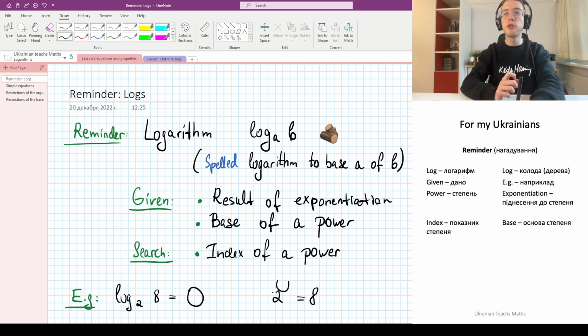So what I'm now looking for is this exponent on the top. What index of a power should I take to get an 8? Well, this should be exactly 3, because 2 raised to the third power is 8, which means that the whole log to base 2 of 8 is going to be 3.